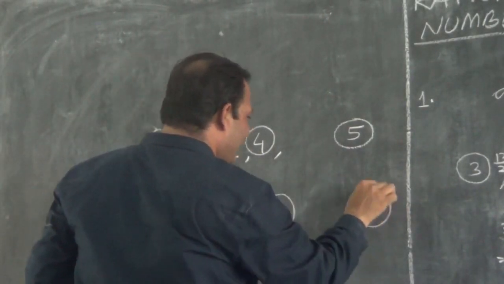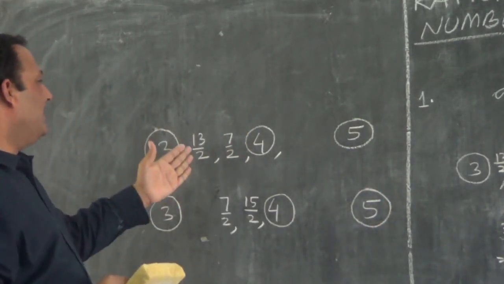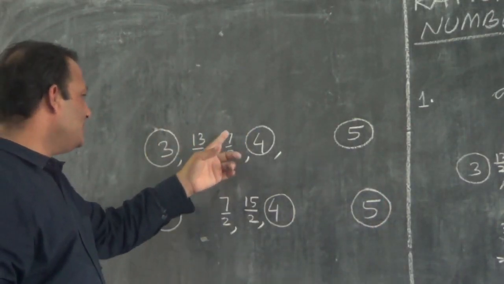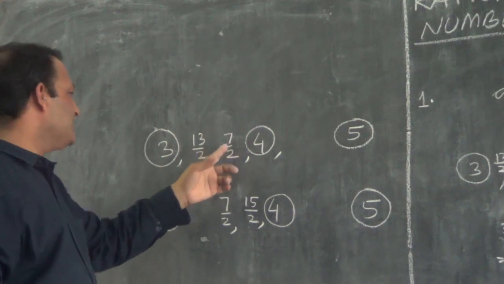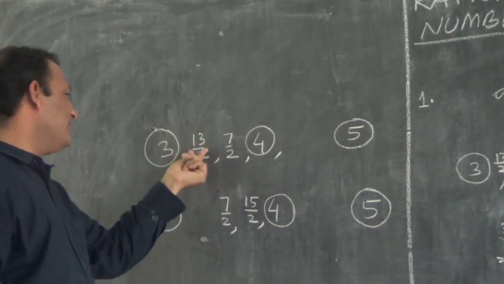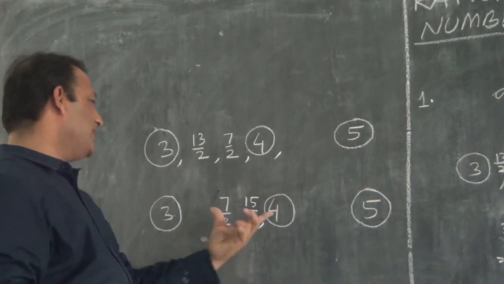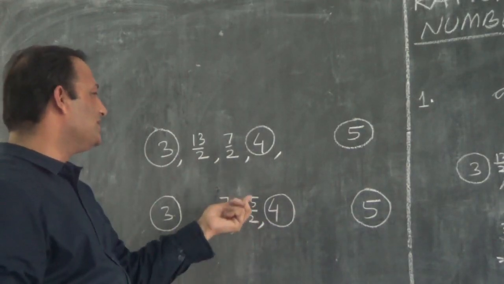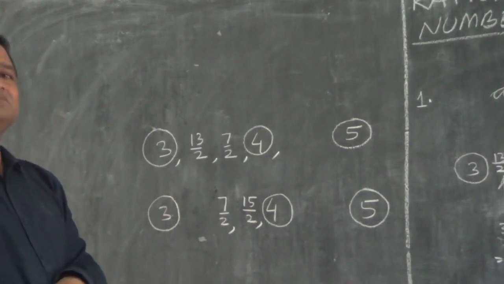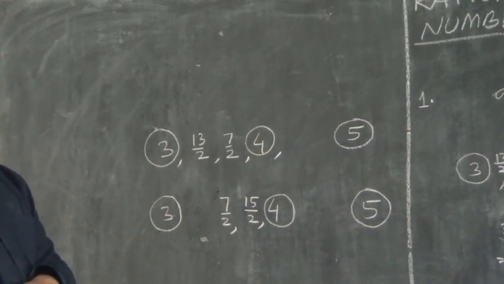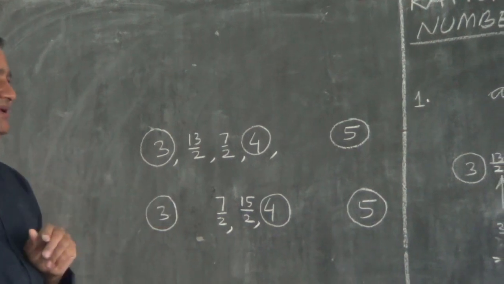Here the child wrote 7 by 2, and between 7 by 2 and 3 another number is found. But what this child did, 7 by 2 and 4, between these two one number is found. That is also correct. But this is not the only option.